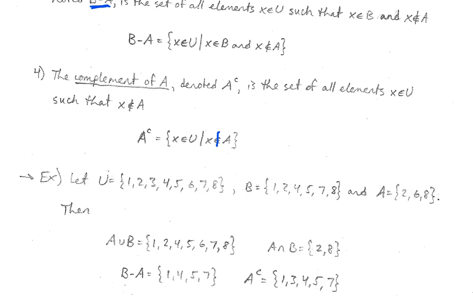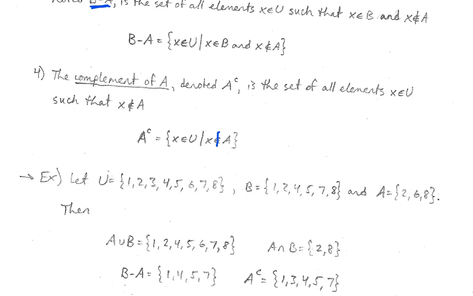Next up, the difference, B minus A. What are all the elements in B that are not in A? Okay, so 1 is in B and it's not in A. So that is a member of the difference set. That is an element of B minus A. 2 is in B, but it's also in A. So that is not part of our difference set.